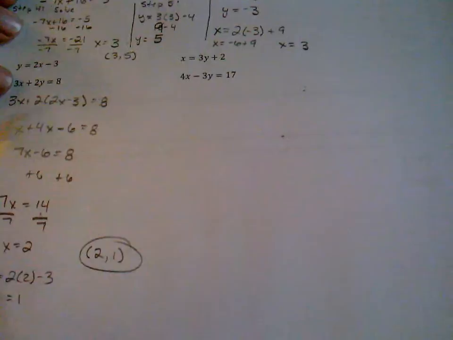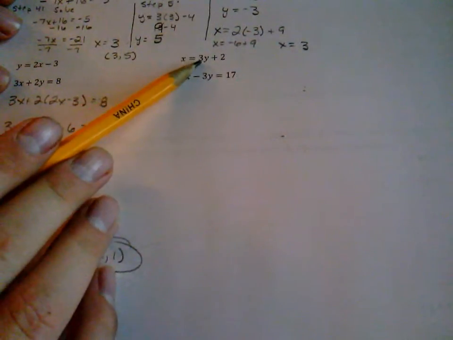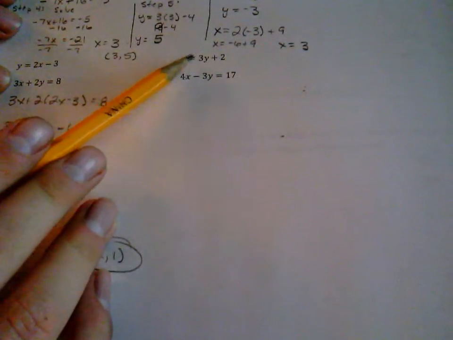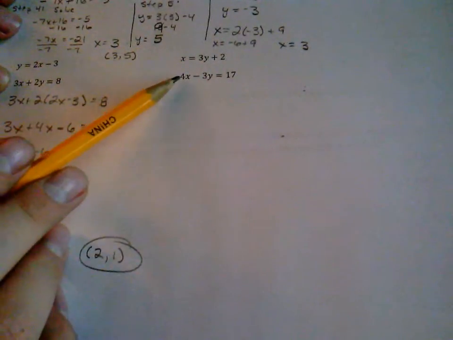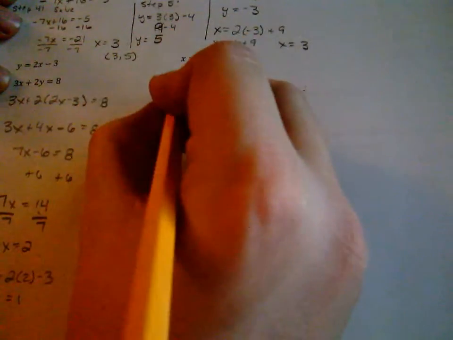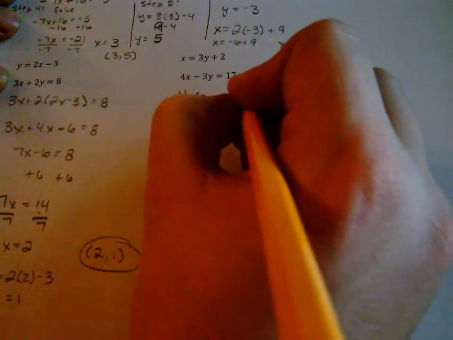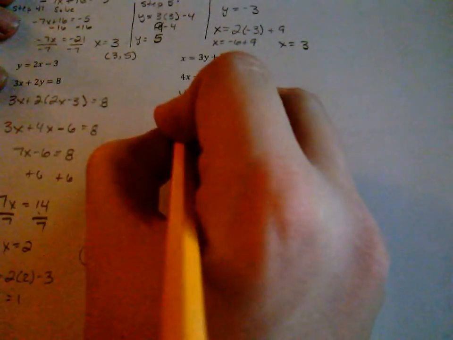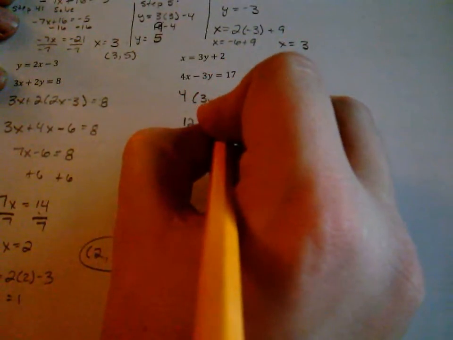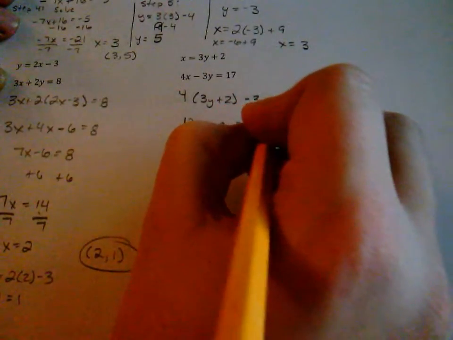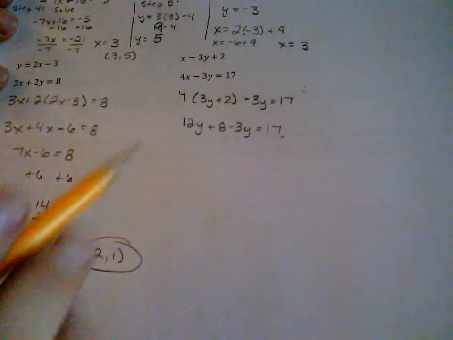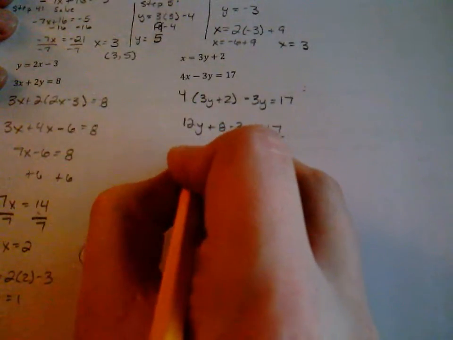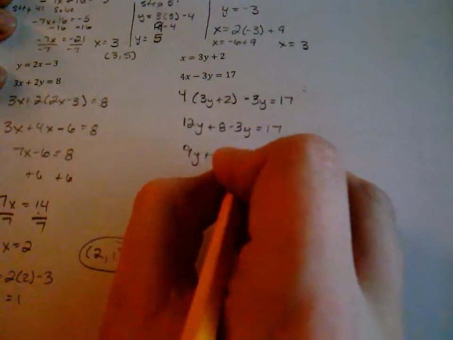Next one, x is by itself, so its equivalent is 3y plus 2, so that means if I see an x, I can replace it with 3y plus 2. So this x becomes 3y plus 2, so it's going to be 4 times (3y plus 2) minus 3y equals 17. Distribute. 12y plus 8 minus 3y equals 17. Combine like terms. We get 9y plus 8 equals 17.